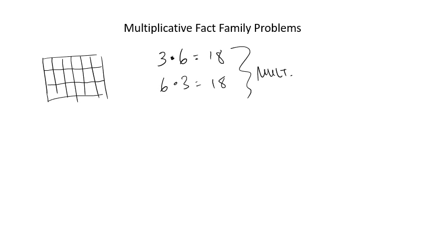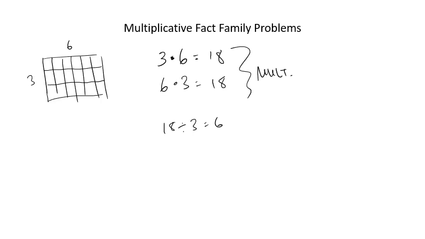Now, the division extension of this: we could do 18 divided by 3 equals 6. So we have 18 units inside this rectangle, and if we put them into 6, then we get 3.